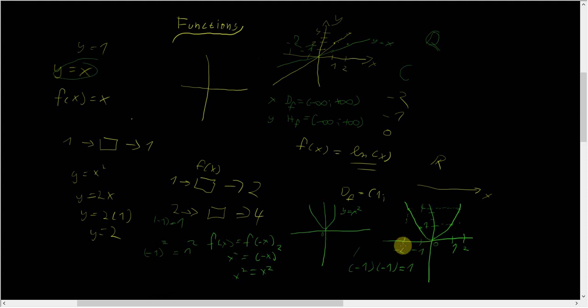Their distance from 0 is the same, which is equivalent to saying their absolute value is the same. Then we can see 1 equals 1, and therefore our function is even. We can do it for other numbers like -2 squared equals 2 squared, which is 4 equals 4, and this is a proof of our function being even.